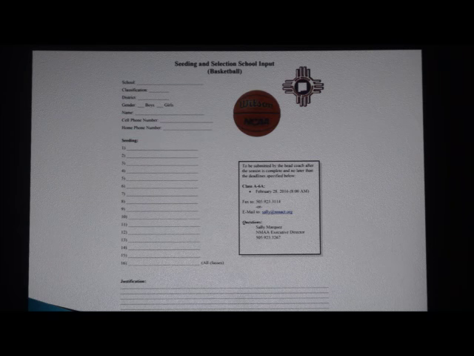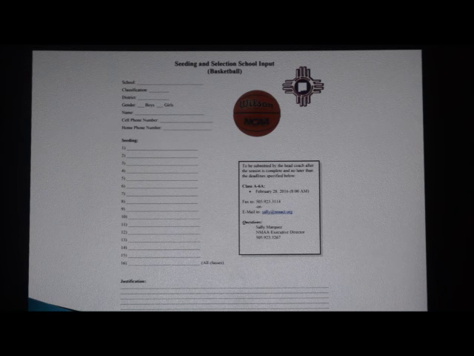Now, once we receive the district placement forms, we then get the school input forms. And when we say school input, this is a form that should be filled out by the coaches. Now, where we have an issue with this form is we tend to get the school input forms from the coaches from the teams that think they're going to make the top 16 in basketball or the top 12 in volleyball.